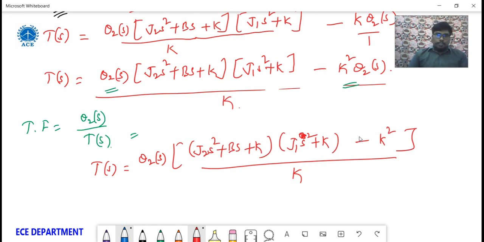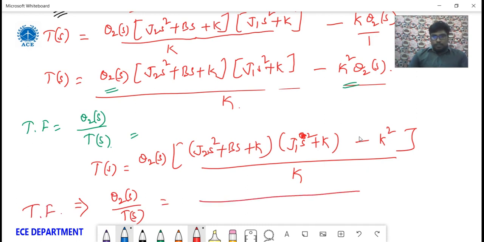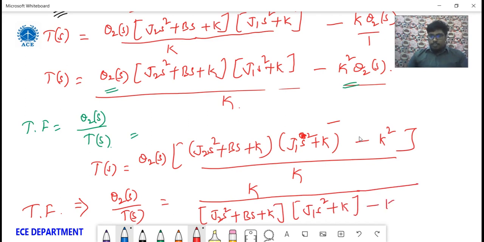Now find the transfer function, which becomes theta 2 of s divided by T of s. It's nothing but the transfer function. So this is given by k divided by the above term: (J2 s square plus bs plus k) into (J1 s square plus k) minus k square.